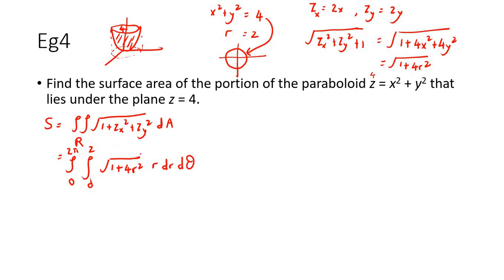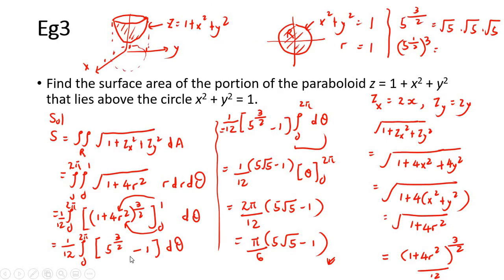So again, this integral, like just now in the third example, you will get square root of 1 plus 4r squared times r dr. Same as the third example.